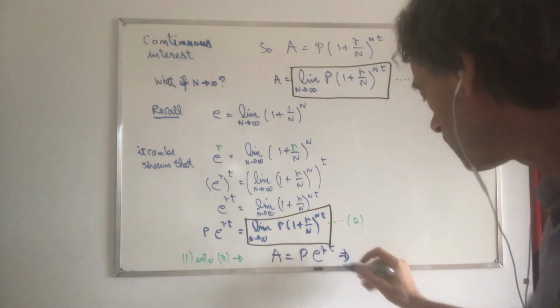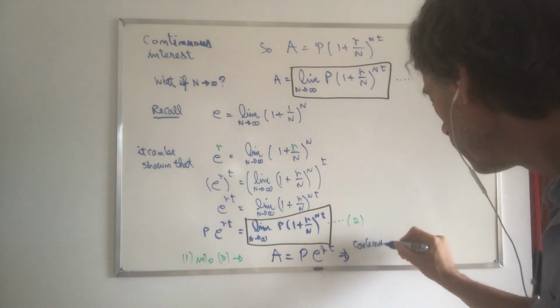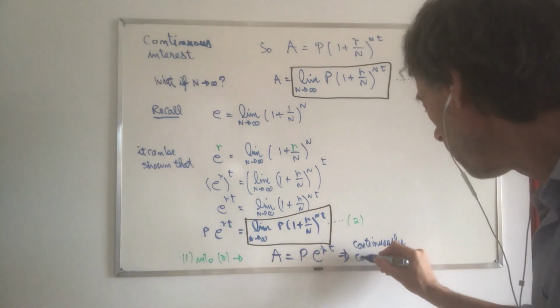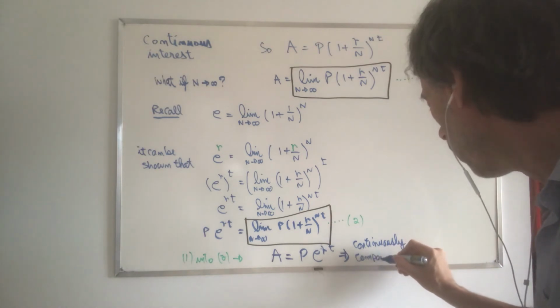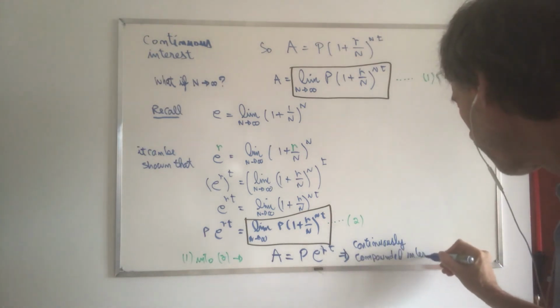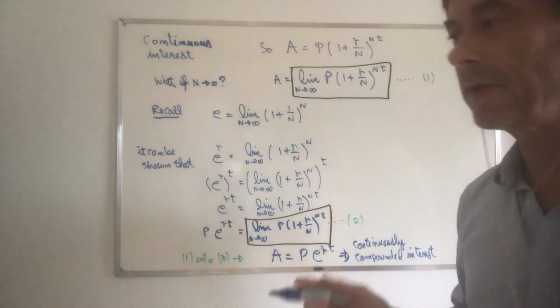This is the strange formula for continuously compounded interest. Continuously compounded interest. Very good.